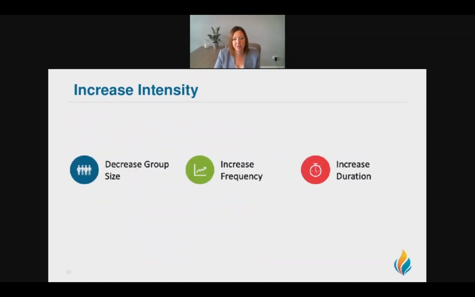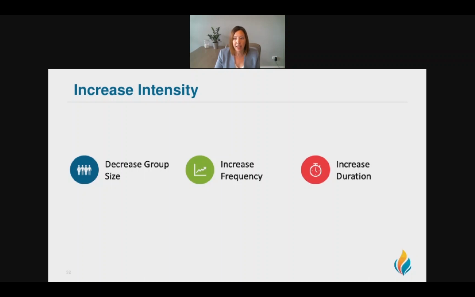The second set of strategies: we've talked about identifying barriers and addressing those barriers, either within implementation of what you were planning to do or in specific skills that students should have attained. You can also increase the intensity of your instruction at the universal tier. One way to improve universal tier instruction right away is potentially to decrease the group size for students receiving that instruction.